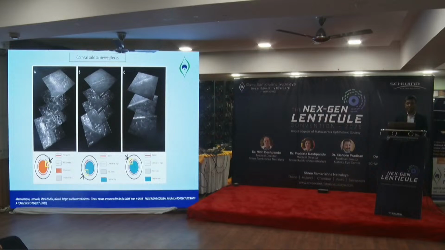And the second image, the topmost, shows preservation of the corneal nerves, whereas at the site of the corneal side cut incision, the corneal nerves have been cut. So basically, this demonstrates that corneal subbasal nerve plexus density is definitely much greater in SMILE compared to femtosecond LASIK.